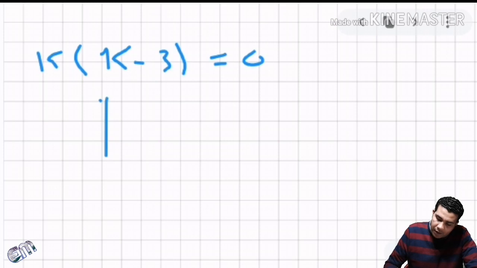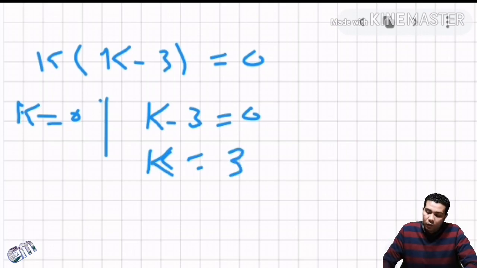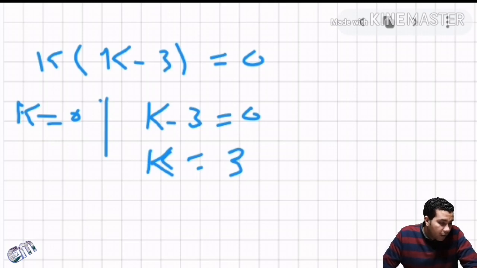Therefore k equals 0 or k minus 3 equals 0. Therefore the value of k equals 3. يبقى هنا ال k هتطلع معانا بكام؟ ال k طلعت معانا ب 3. هو هنا قال لي find one value of the two values.